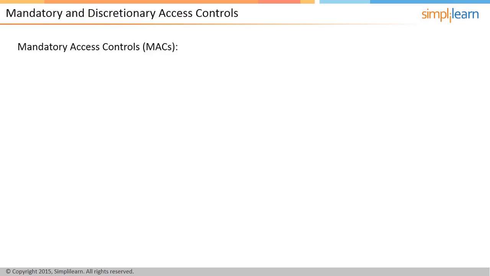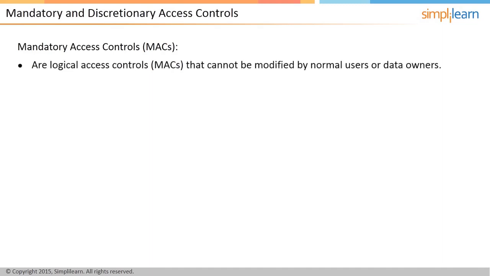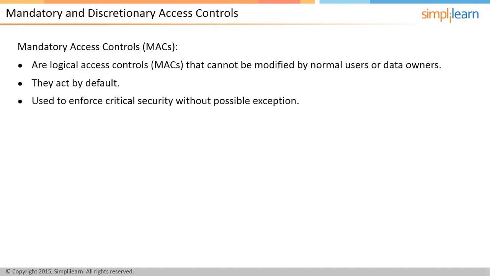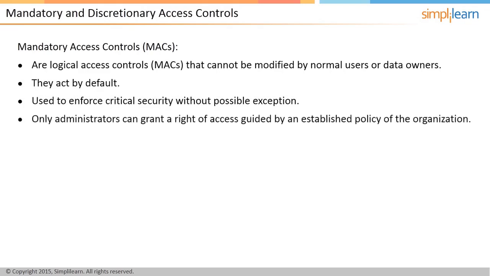The mandatory access controls, MACs, are logical access controls that cannot be modified by normal users or data owners. They act by default and are used to enforce critical security without possible exception. Only administrators can grant a right of access guided by an established policy of the organization.